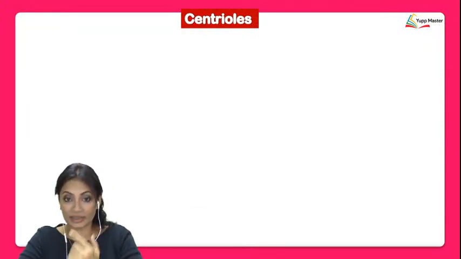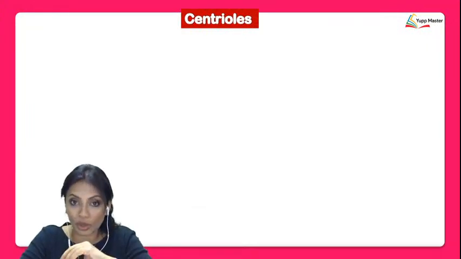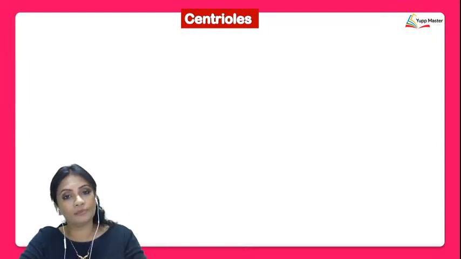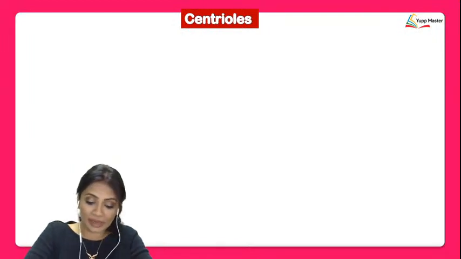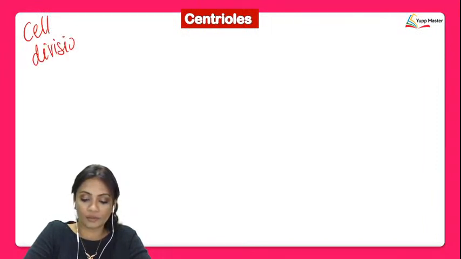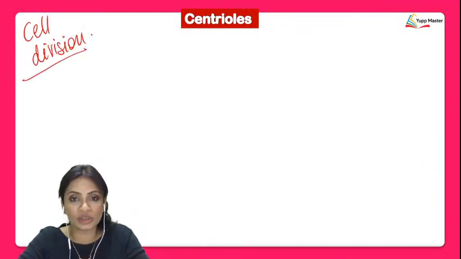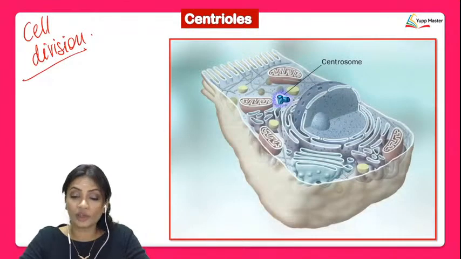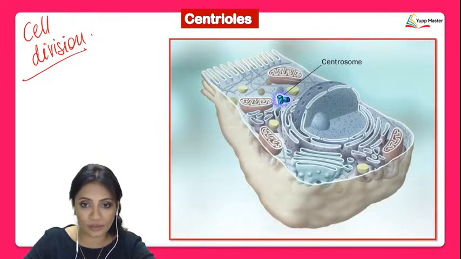Okay, now after ribosomes, we move on to the next cell organelle, which is very important with respect to cell division. What do we see here? Over here, this is a cell with cytoplasm.